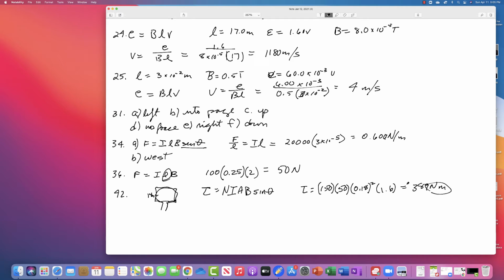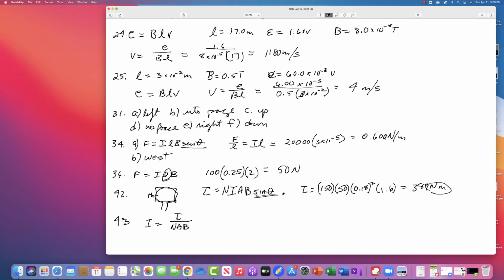Number 43 states, find the current through a loop needed to create a maximum torque of 9. The loop has 50 square turns, 15 centimeters on a side, and a uniform 0.8 Tesla field. This is the same kind of problem, except now we're solving for I. If we solve this equation, I is going to equal the torque divided by the number of turns times the area times the field.